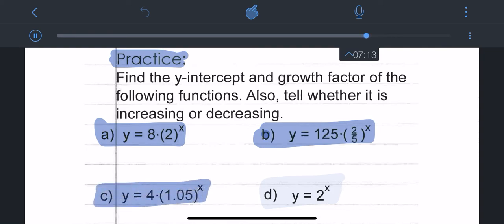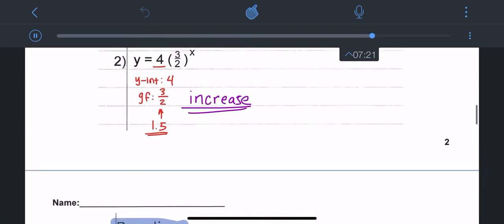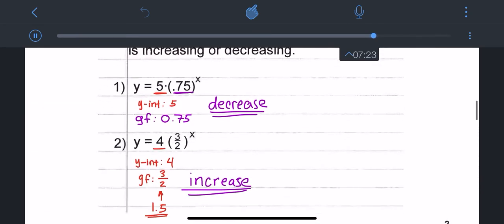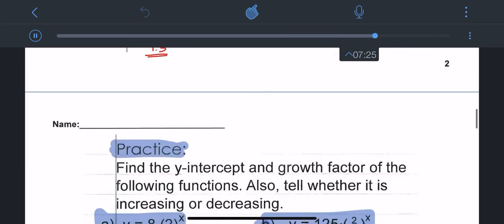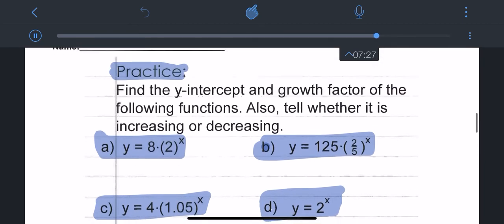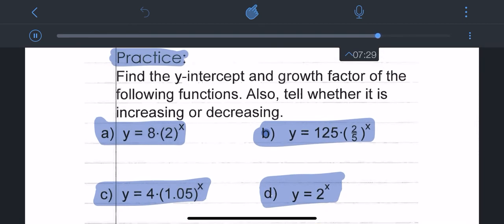Okay, A, B, C, and D. And I want you guys, just like we did in example 1, to find the y-intercept of each of these problems, find the growth factor, and tell whether it's increasing or decreasing. Like I said before, I will post the answers at a later date. I want to give you guys a chance to try this out.